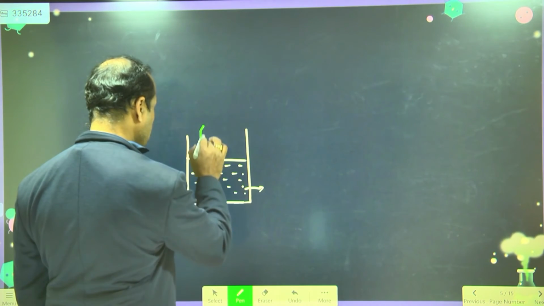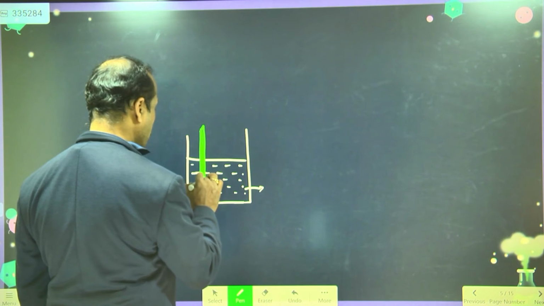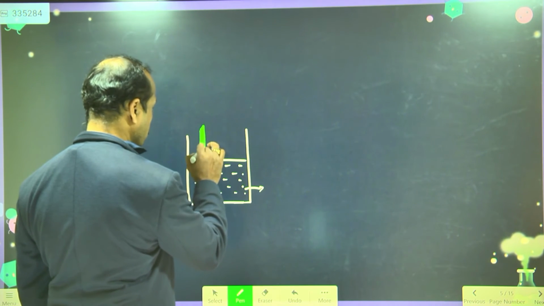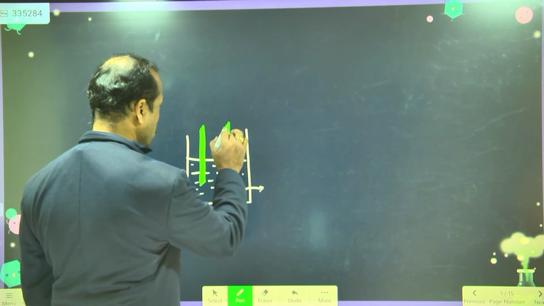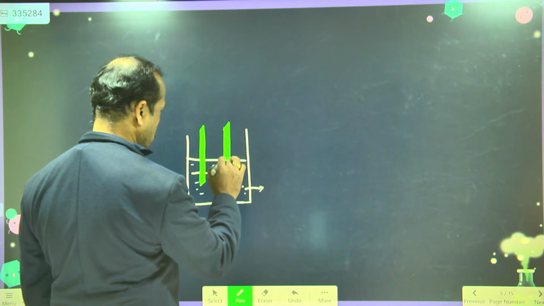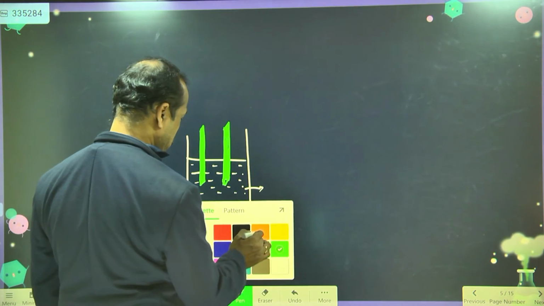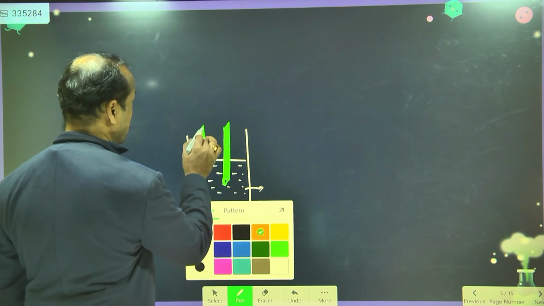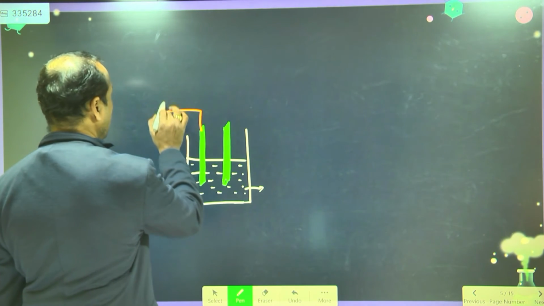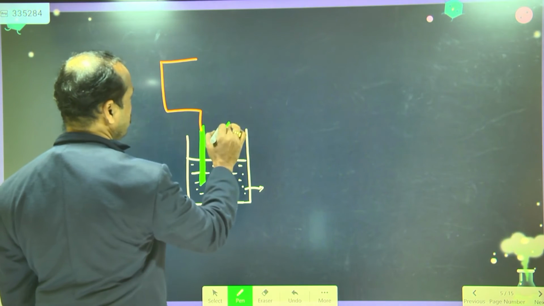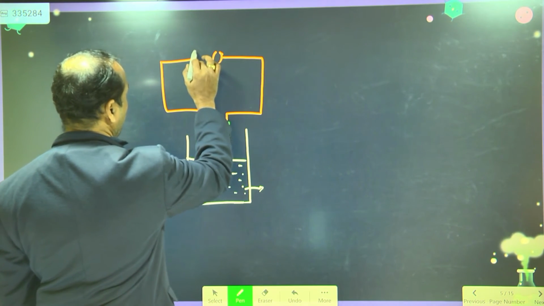Do you know what electrodes are? Electrodes are metallic plates. Like this, insert two electrodes. These metal plates are called electrodes, and they are connected through copper wires, with one key and one battery.